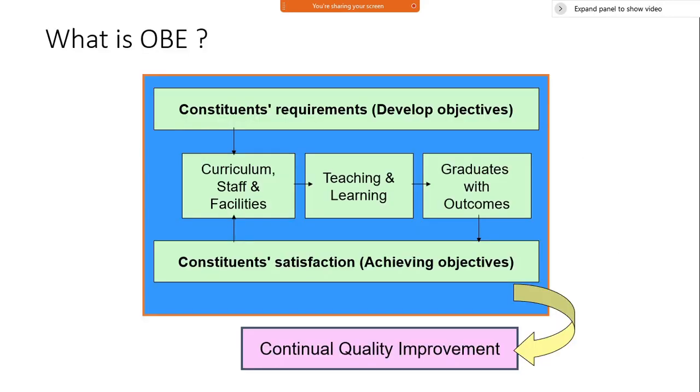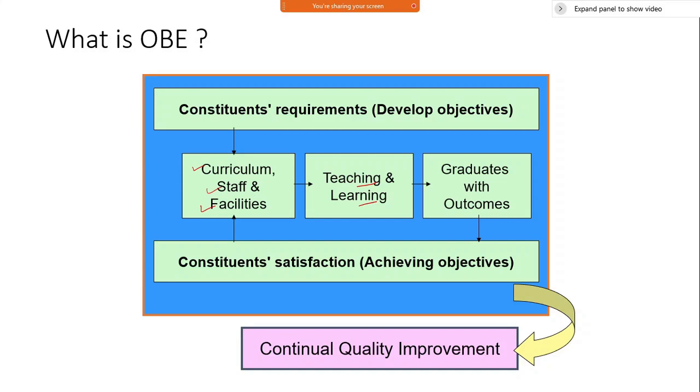So when we are going to implement this OBE, we are taking help of your curriculum, you are having faculties and facilities, meaning equipment, staff, all this. These are going to implement the teaching learning scheme. In this teaching learning scheme, you can bring some innovative ideas like a flipped classroom.